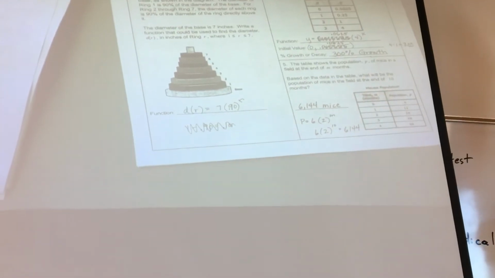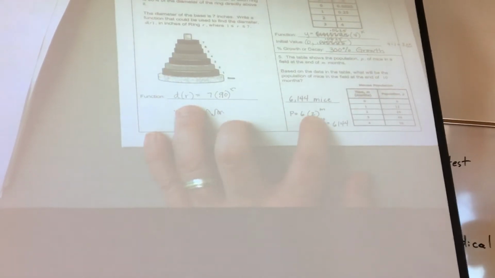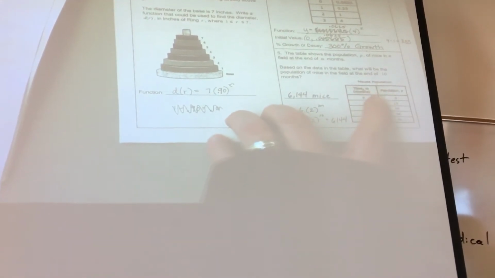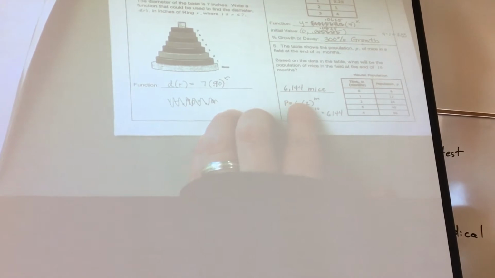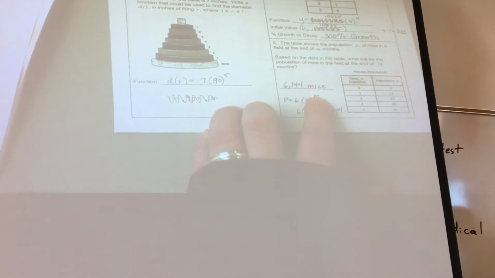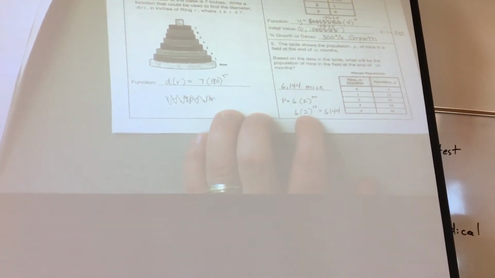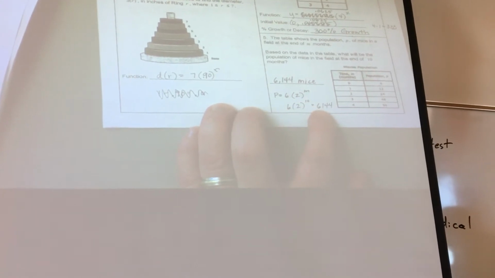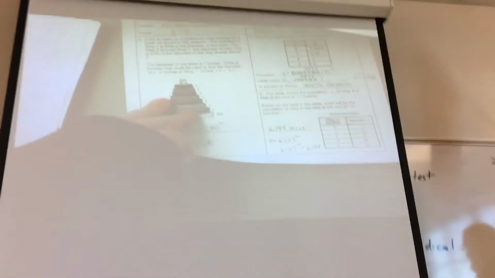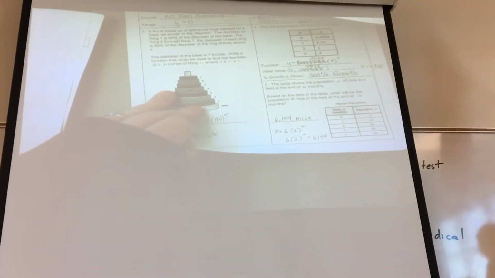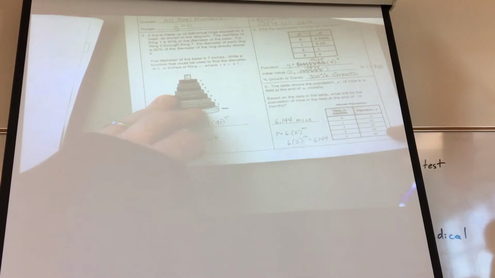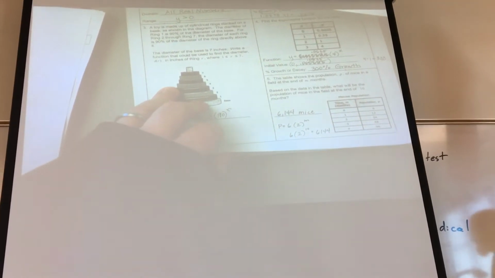Take a look at what's going on and keep multiplying it out, or you can shortcut that by saying, okay, it's 6, and we're multiplying by 2 every time, so it's 2 to the number of months. So you can put 6 times 2 to the 10th power. Gives you 6,144 mice. But this will also work if you figure out the equation using the calculator steps and then put that into the graph, check the table, it'll work that way.